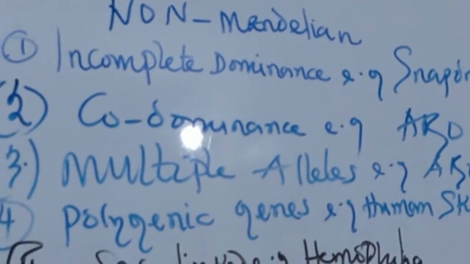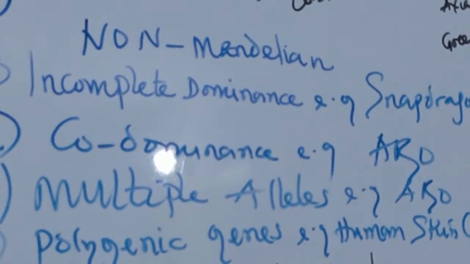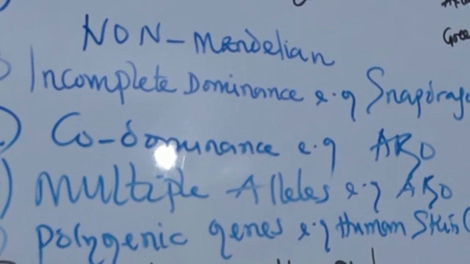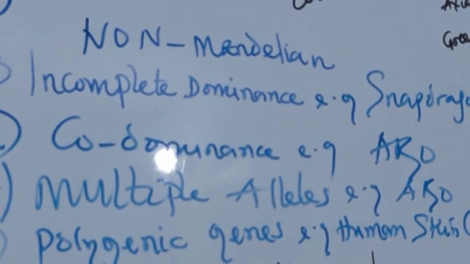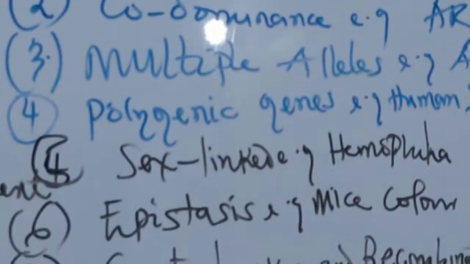We also look at co-dominance, where we have two alleles equally represented, just like we have it in ABO blood grouping, as well as the law of multiple alleles.